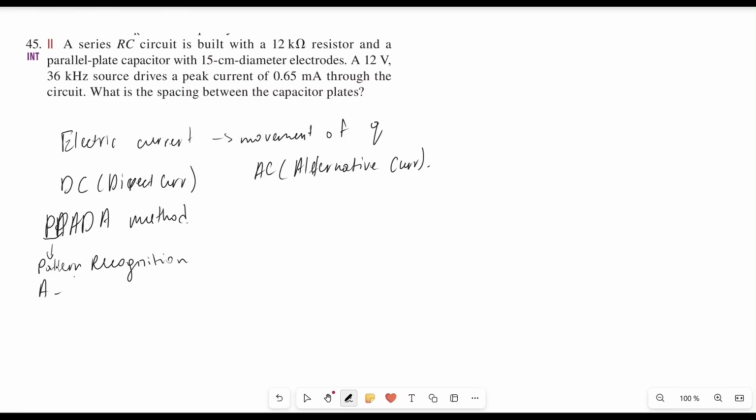A is abstraction. D is decomposition. And the last one, A, is algorithm design.